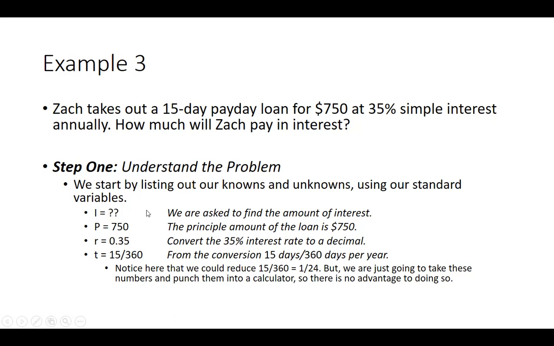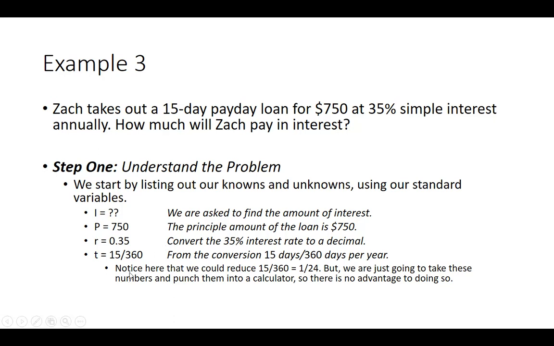So again, let's list out our knowns and our unknowns using our standard variables, I, P, R, and T. I, again, is our unknown because we're asked to find the amount of interest. P, in this case, is $750, the principal amount of the loan. R is 0.35 because we convert the 35% interest rate to a decimal.